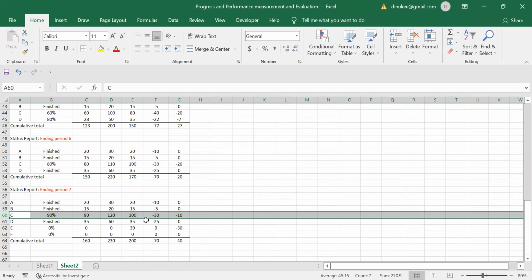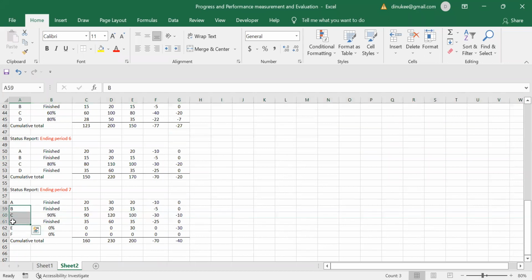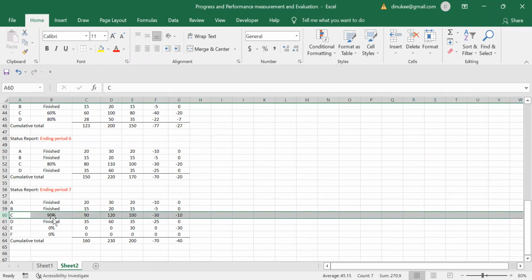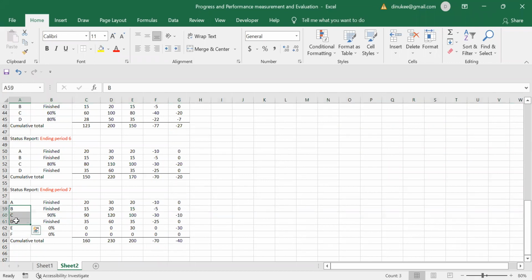So in order to start E activity, we have to complete all these B, C, D, 3 activities. But our C activity is still completed only up to 90%. That means it is not completed yet. Due to this delay which is happening from another activity, the activity E is still not going to start, right?